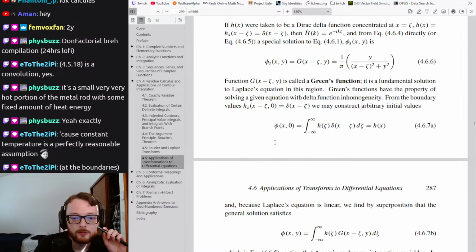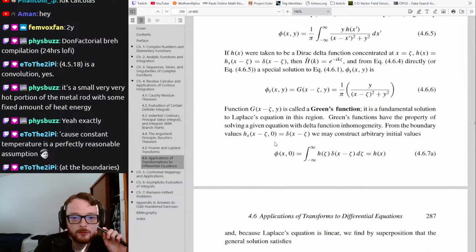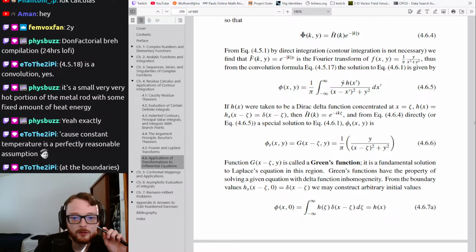Yes. So that's why we just take this integrand and plug in zeta for x prime. Okay.